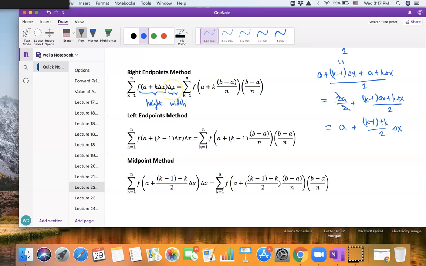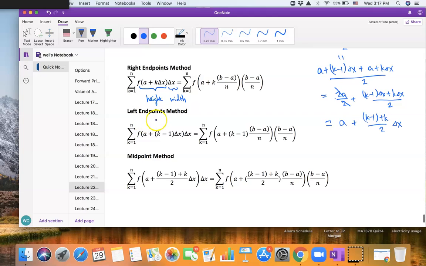Because delta x is (b minus a) over n, this equals f of (a plus k times (b minus a) over n) times (b minus a) over n. If we use the left endpoint method, the result will be this. And for the middle point method, the result is this. After we add up each term, the result will be something that contains n.